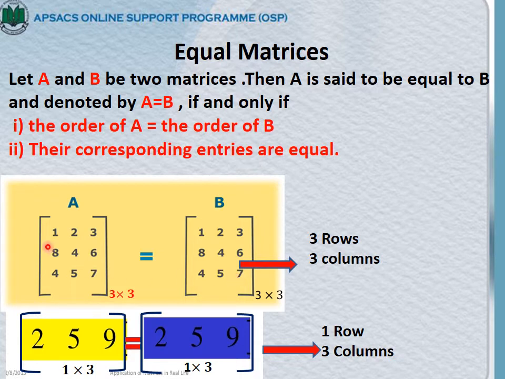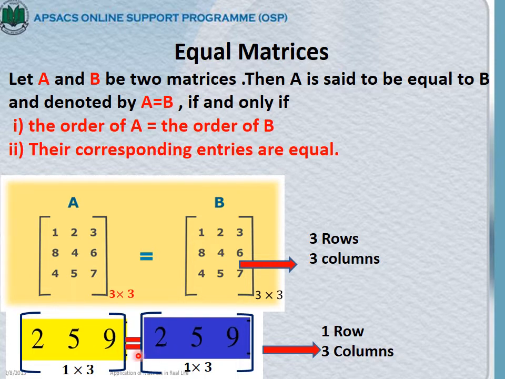You can see that all the entries are the same, and this example satisfies both conditions. The first condition was that the order should be the same. Its order is 3 by 3, the other's order is also 3 by 3, and their corresponding entries are also equal. So we can say A = B. Similarly, in the second example, first of all check the order.